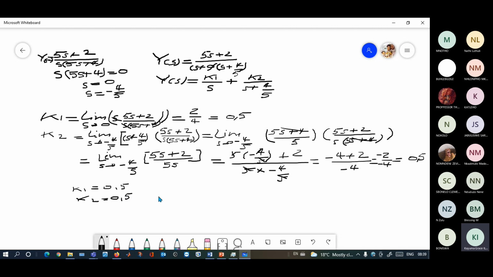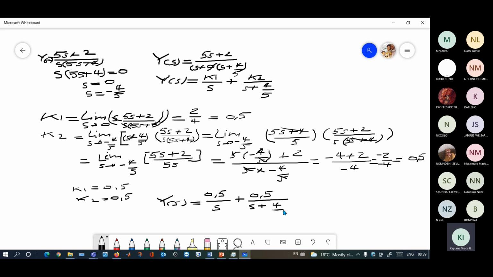Now we can write our partial fraction, which is y of s equal to 0.5 over s plus 0.5 over s plus 4 over 5. As we have this one now, we can apply the inverse Laplace transform.